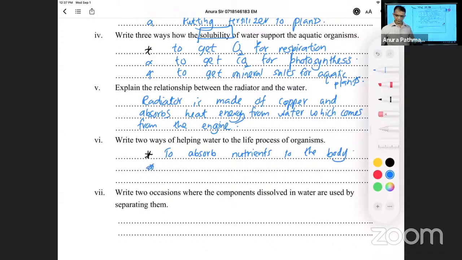To give a medium for biochemical reactions.